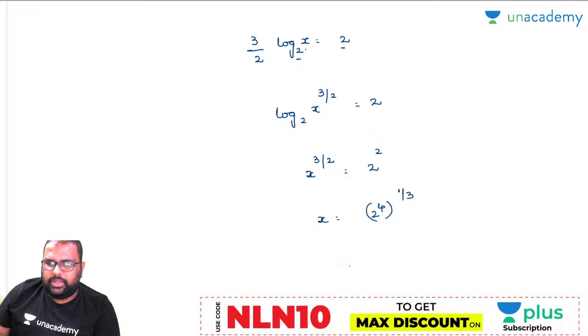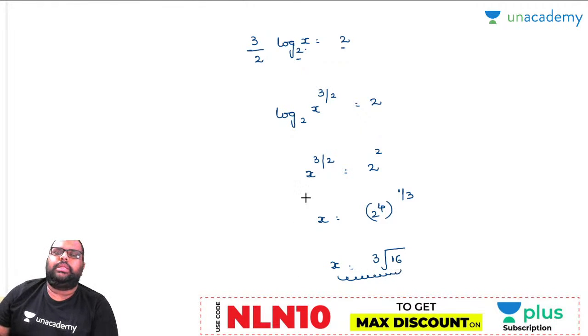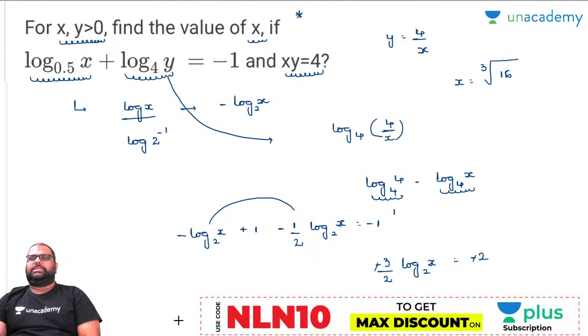And finally you can write the cube root of 16. So how many of you got this in the examination? Check there. Yes, very good. Then this is your answer. The x value is equal to the cube root of 16. Done? Yes, perfectly done.